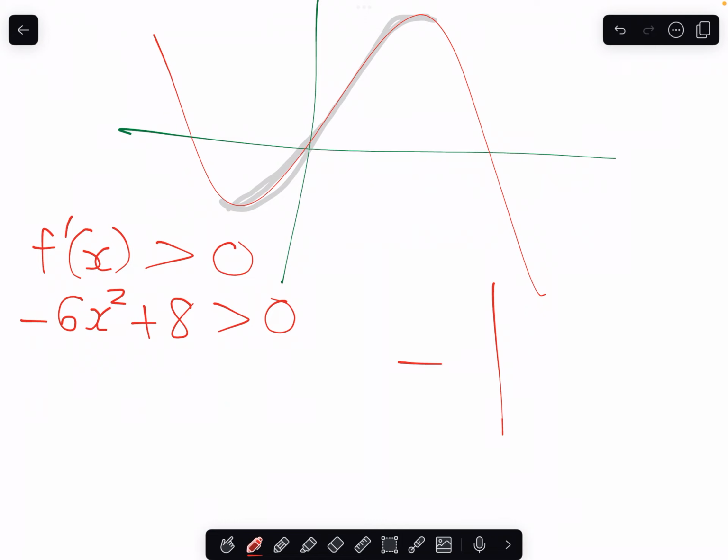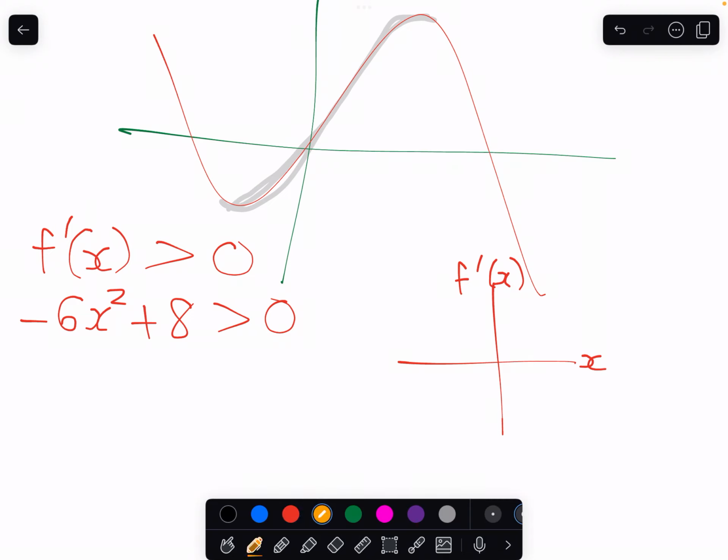And that in turn is represented by what? A parabola, and that is looking downwards, maybe something like that, right?